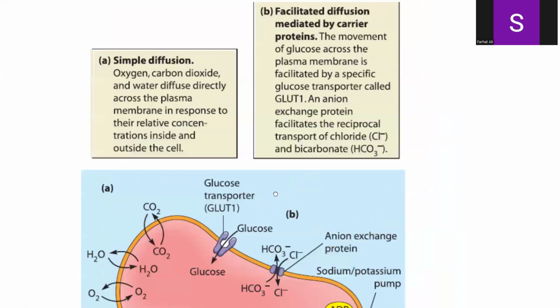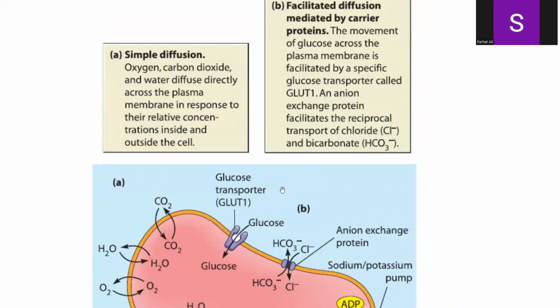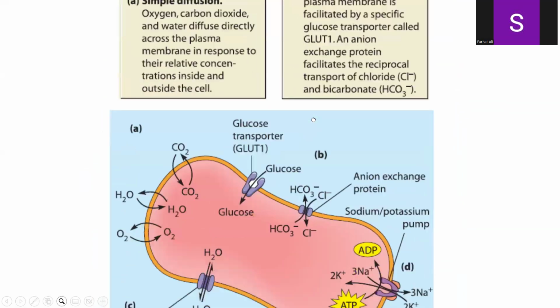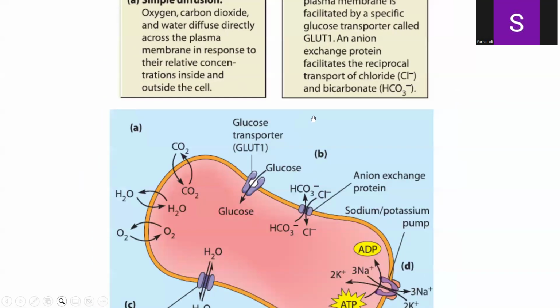In addition, there is the other process, facilitated diffusion, and this process is mediated by different types of proteins. These proteins are called carrier or permease proteins. They are important for the transport of substances down the gradient.